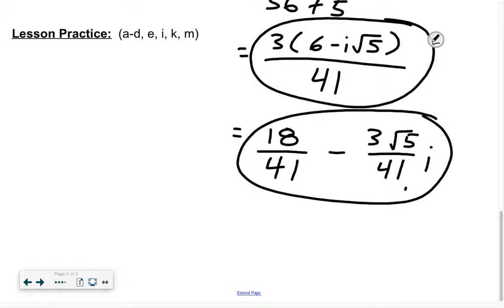If you look it up in the textbook, that's probably the answer they're going to give you because, again, dealing with a complex number, we want to be able to identify the a and the b. a, b, i. Fun, right?